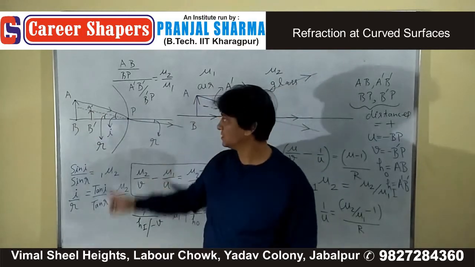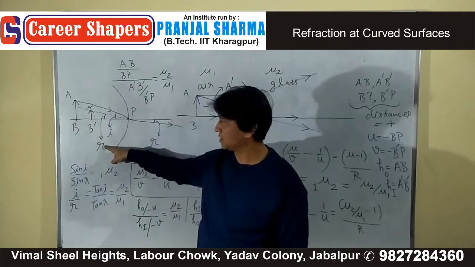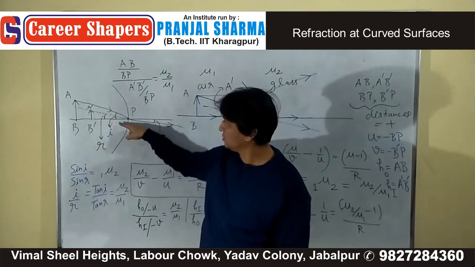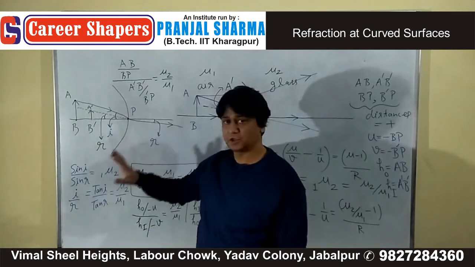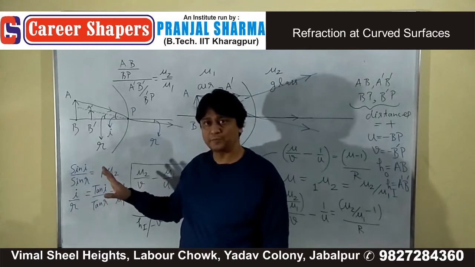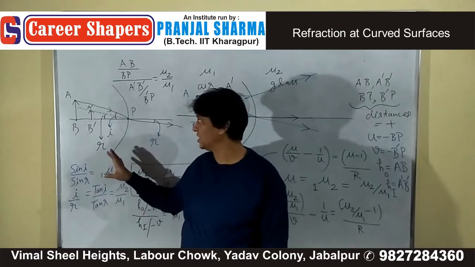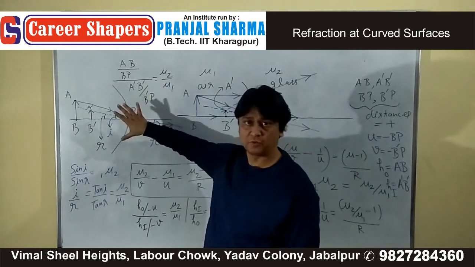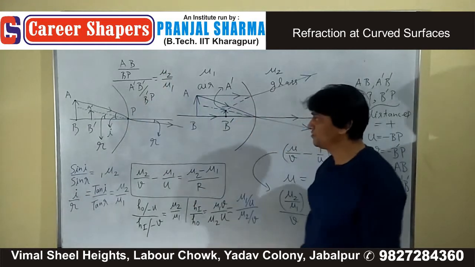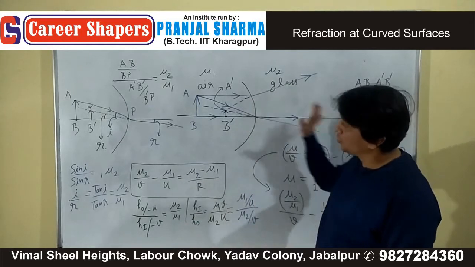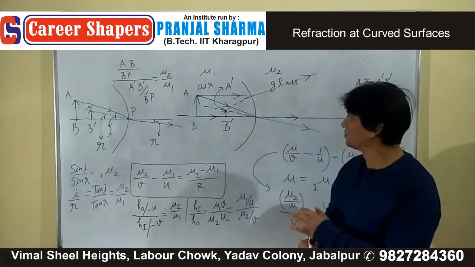In any case, this angle is always R. This angle is always I, and therefore sin I upon sin R will be this. So for image magnification, we can draw this type of figure if we are considering refraction at curved surfaces. Note down everything.